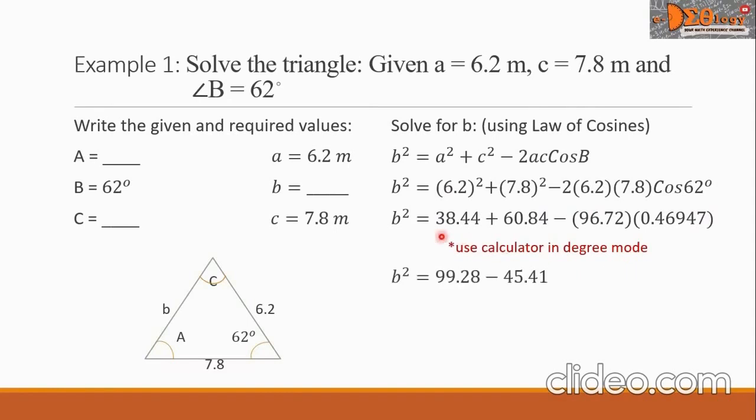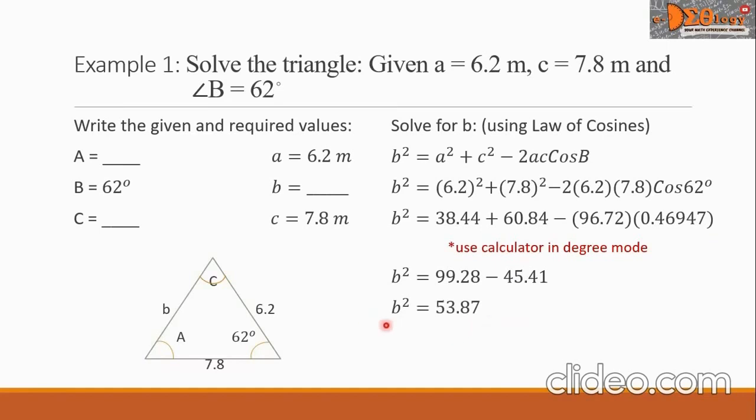Simplifying further, we get the sum of 38.44 and 60.84. We have this 99.28. Then minus the product of 96.72 and 0.46947, which is 45.41, rounded to 2 decimal places. We will get the difference. So we have B square equals 53.87.